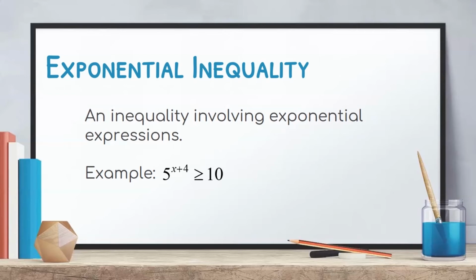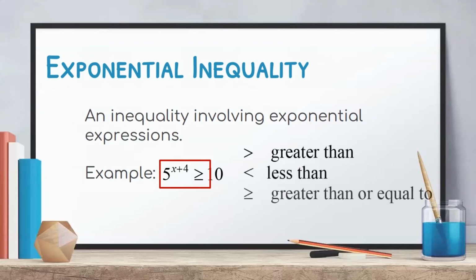Therefore, to determine that it is an exponential inequality, you need to note that there should be an exponential expression and an inequality symbol. Remember that our inequality symbols are greater than, less than, greater than or equal to, and less than or equal to.